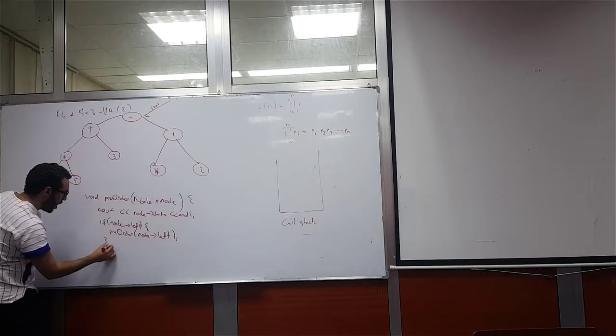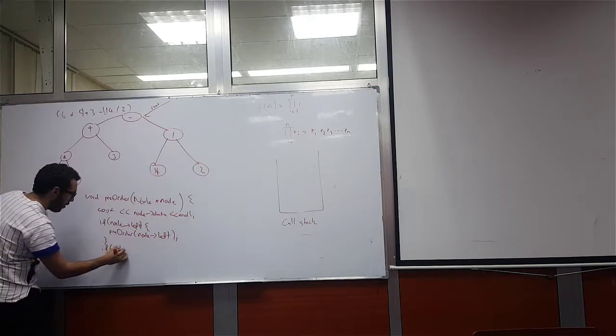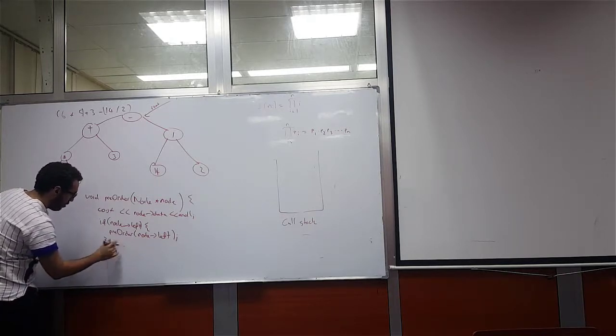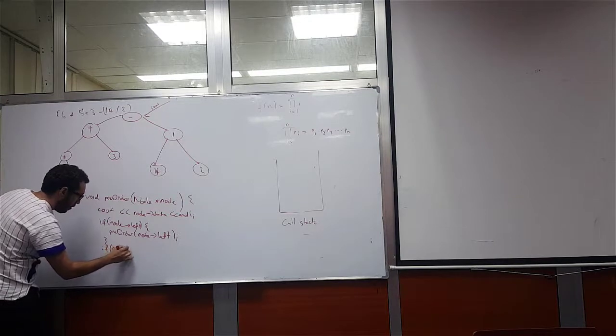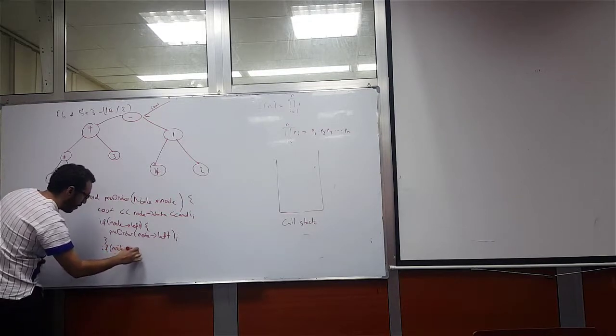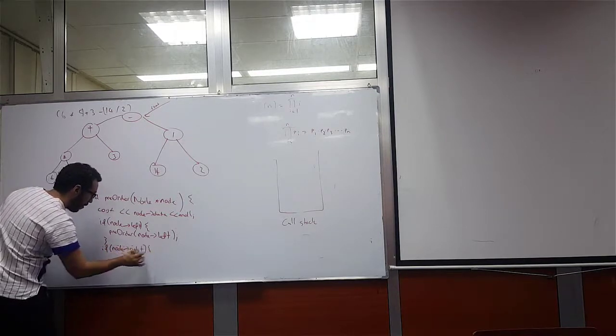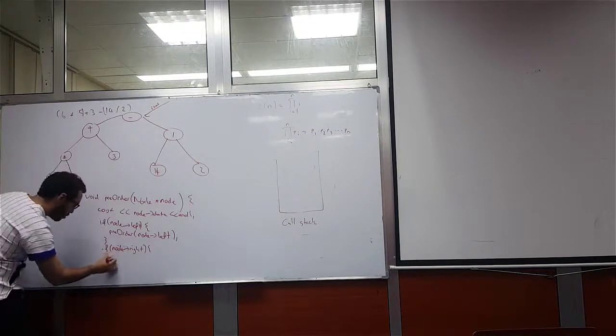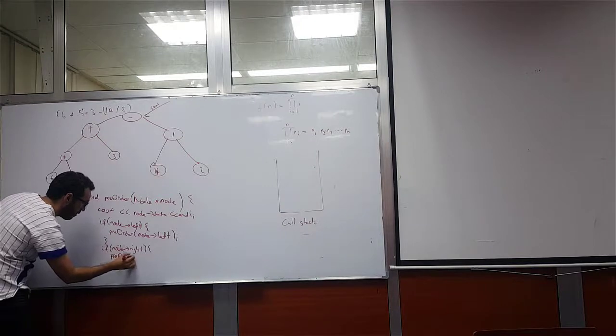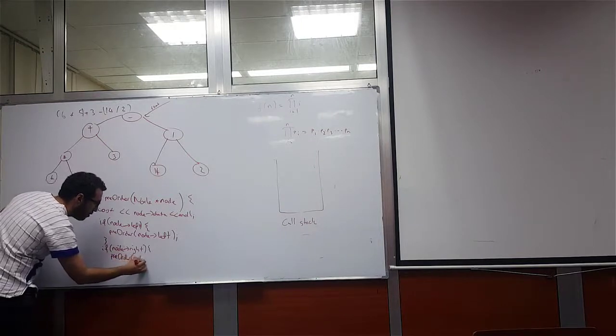And if we have a right child, then we just call the same function with node right.